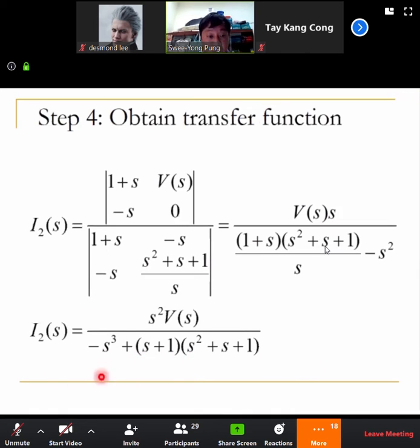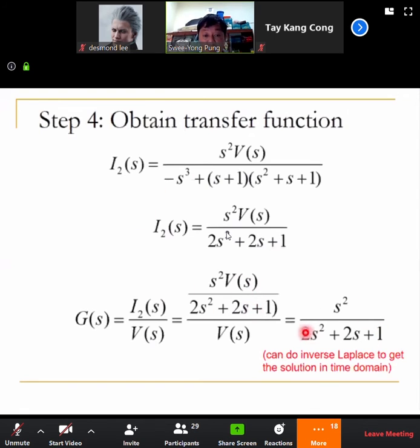Now, this is our I2, right? And then later on will be very easy. The question wants us to find I2 over V. So what you need to do is just move the V from this side to here, and then the remaining term over this side will be our answer.